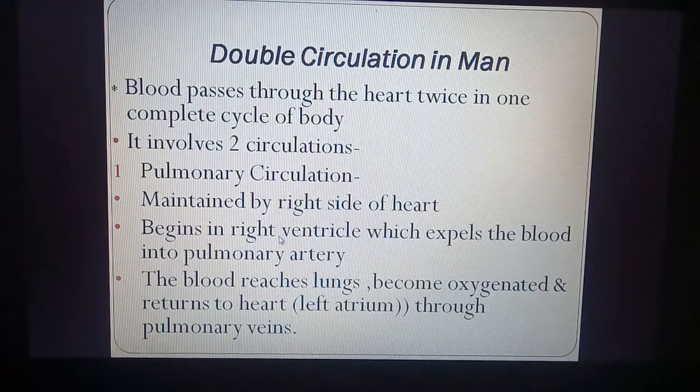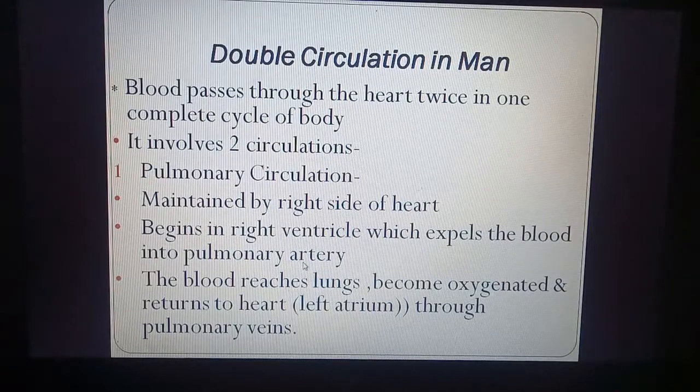So it starts with the right ventricle, which expels or sends the blood to the pulmonary artery, and the blood reaches the lungs, becomes oxygenated and returns to the heart through the left atrium by the pulmonary vein. So what is pulmonary circulation? The pulmonary artery takes the blood to the lungs, it becomes oxygenated and returns through pulmonary veins.